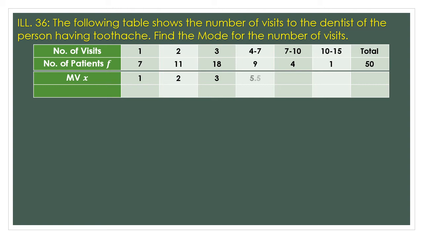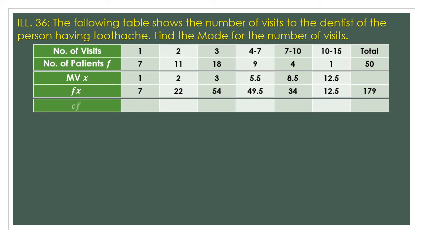So 4 plus 7, 11 upon 2, 5.5. 7 plus 10, 17 upon 2, 8.5. 10 plus 15, 25 upon 2, 12.5. And I'm just going to multiply that with the frequency. So it would be fx, that is 7, 22, 54, 49.5, 34 and 12.5. So the total will be 179.